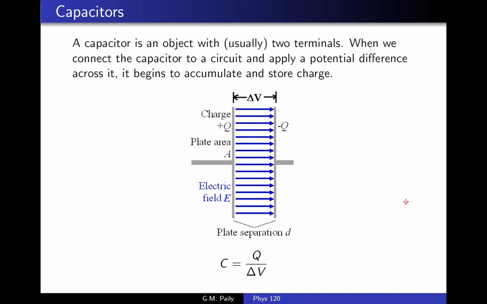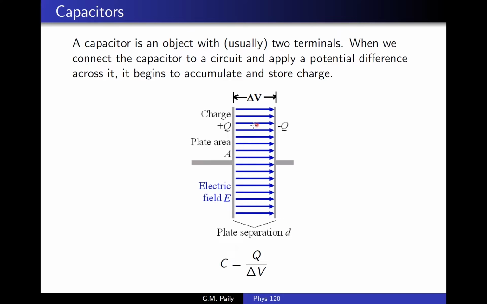The simplest type of capacitor has two large parallel plates. If the separation between the plates, which we'll call D, is much smaller than the size of the plates, then for most of the points between the plates, they're so large that you can consider them to be infinite.